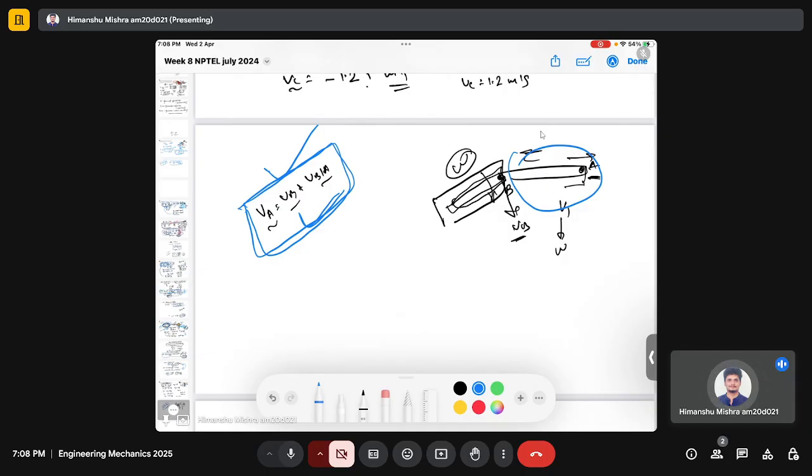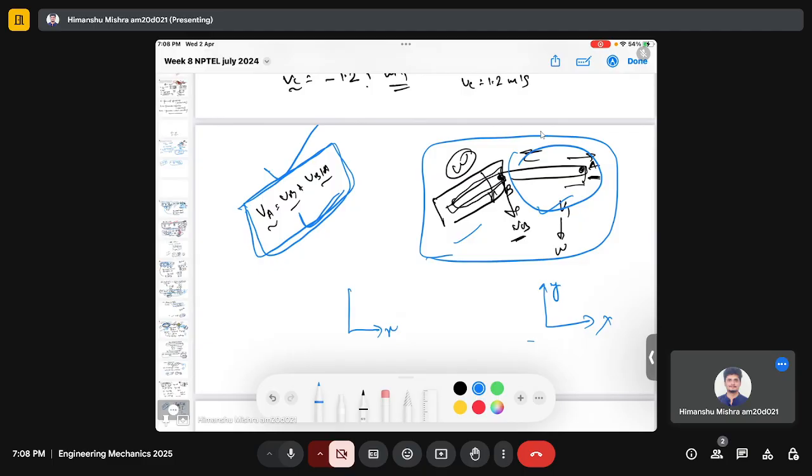rotating frame. As of now, all this study is happening in the fixed frame of reference, where we fix the Cartesian frame, let's say x and y, and then we analyze all this motion in the fixed frame. But in those problems we have two frames of reference, the fixed frame and the rotating frame. The rotating frame is rotating with an angular velocity omega, and then there is a fixed frame.